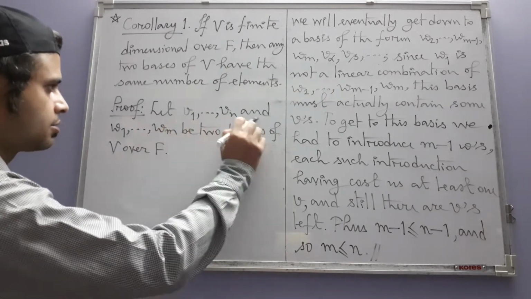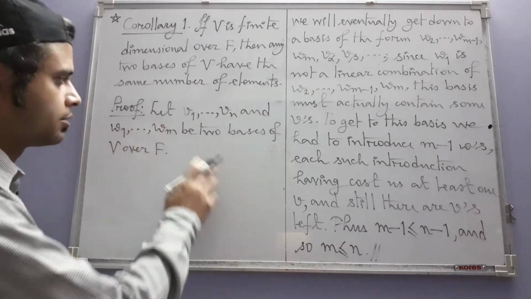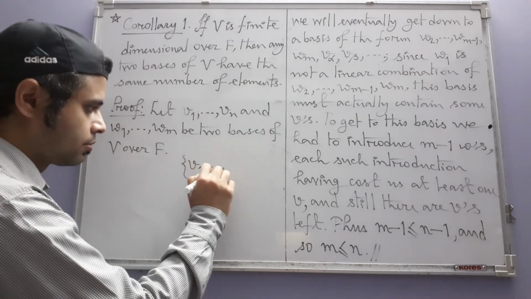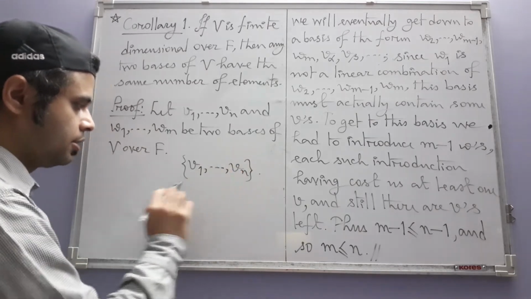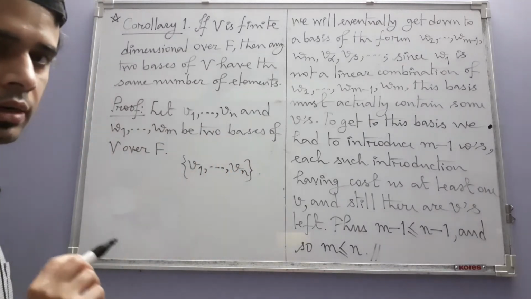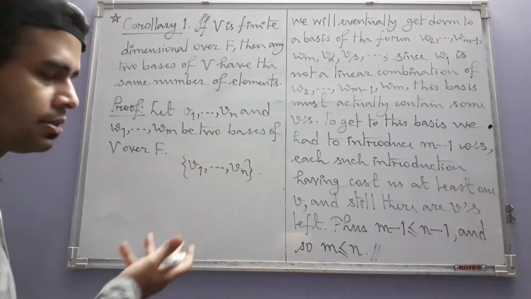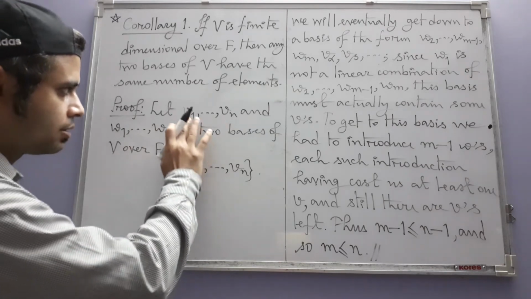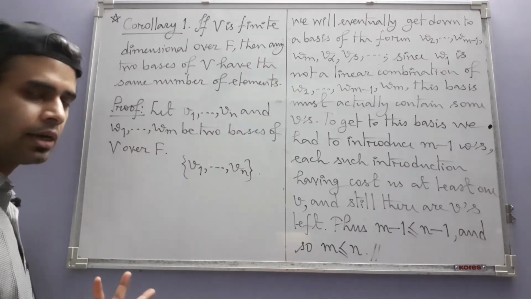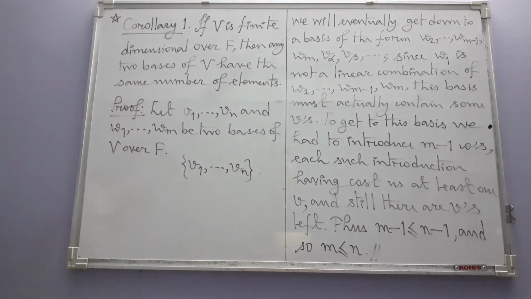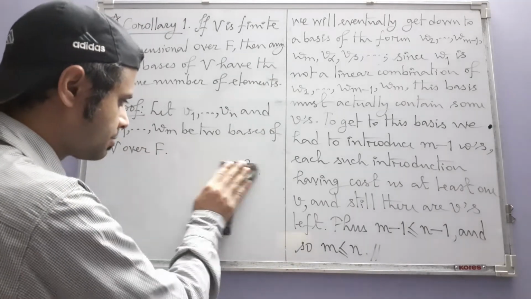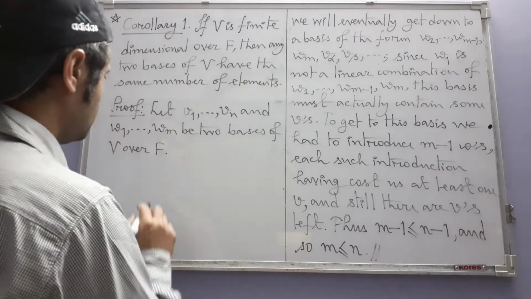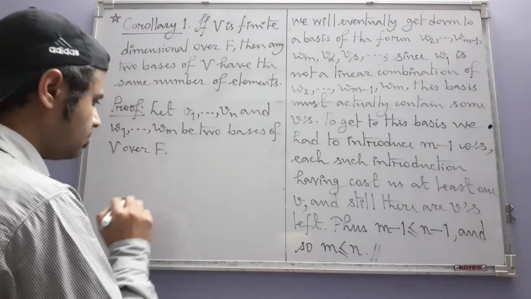We are saying that this is a set of vectors which forms a basis. Ideally we should write it like this, as a set, whereas this is just a list of vectors. But such distinctions don't change the thing. We are being somewhat non-rigorous here, but you can still understand it. We are not making any serious mistakes by not using curly brackets. So these are two bases of V over F.